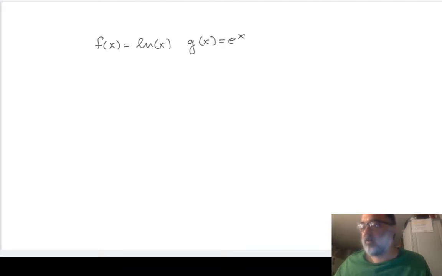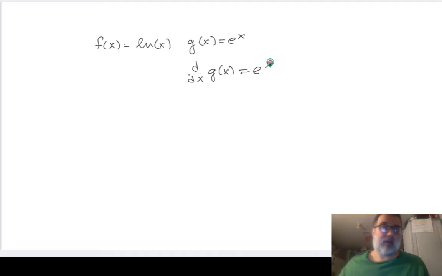We know the derivative of e to the x because we know the derivative of exponential functions, and this one is that lovely function where if we take the derivative of e to the x, we get e to the x.